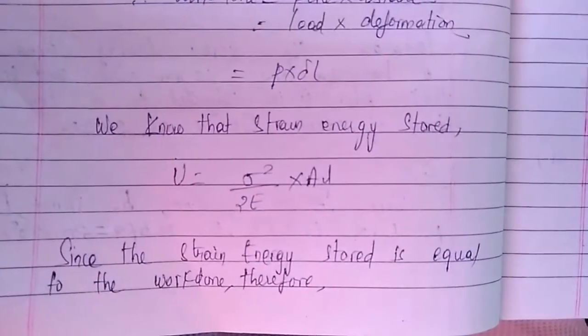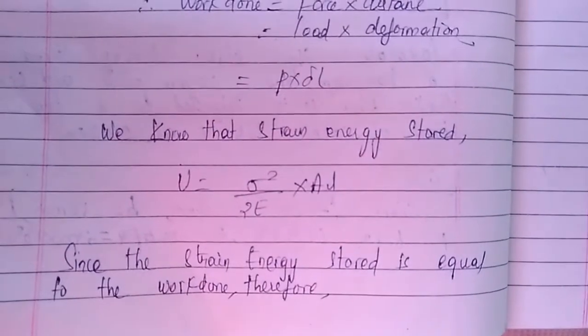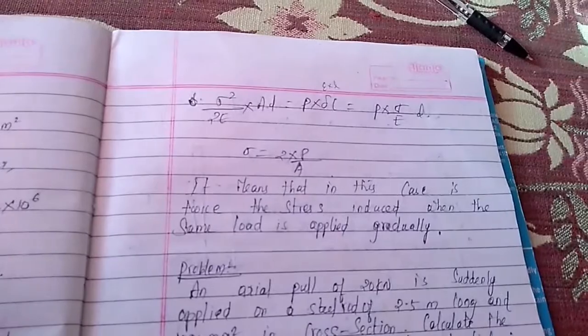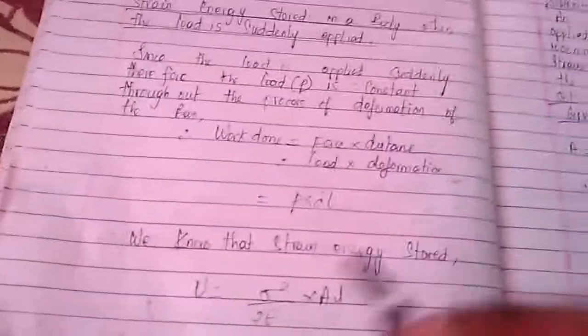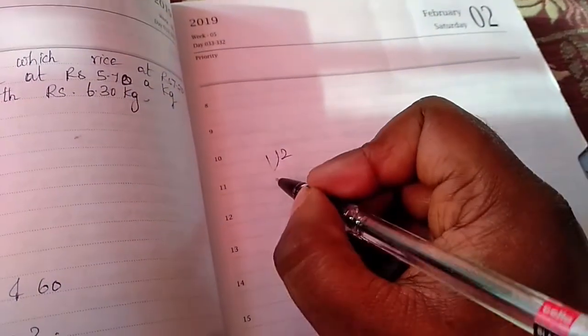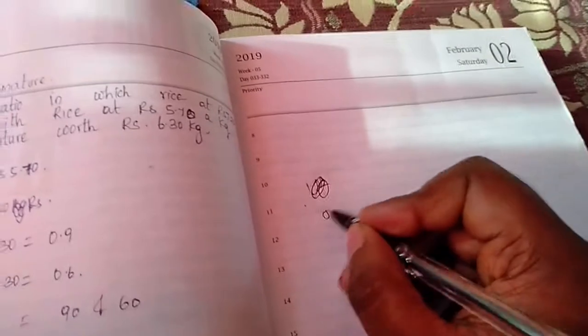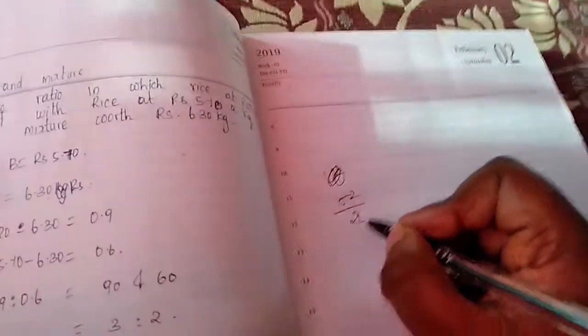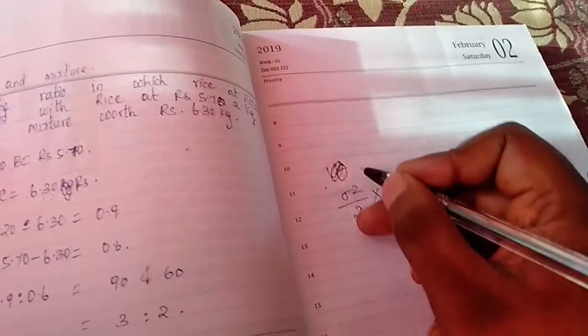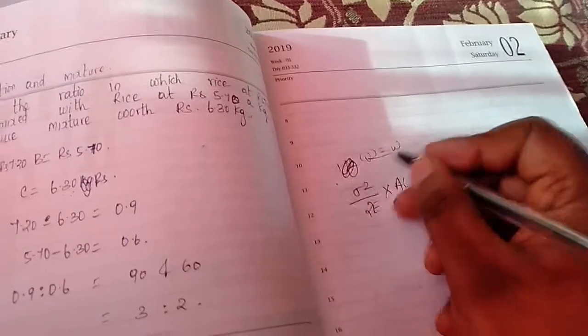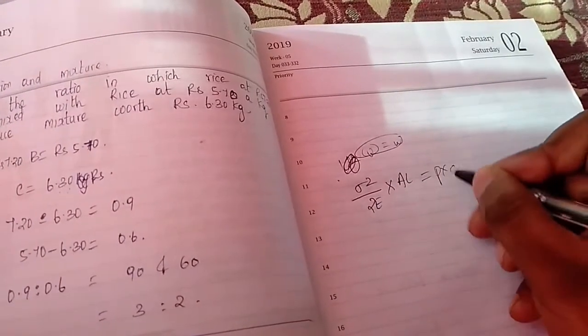That is the strain energy that you derived for gradual application. Since the strain energy stored is equal to the work done, sigma squared by 2E into AL is equal to P into dou L. So strain energy and work done are equal. Here, what is work done? P into dou L is work done.